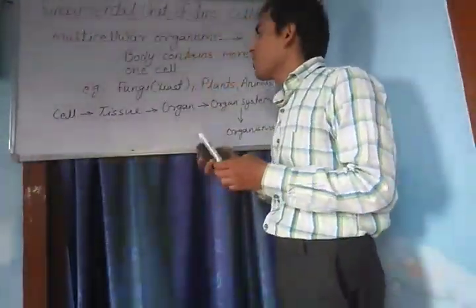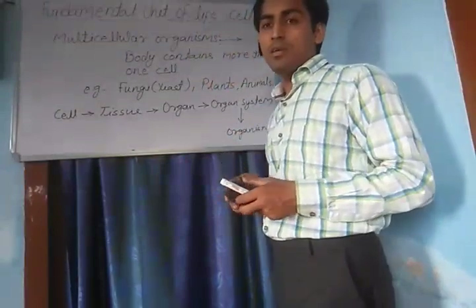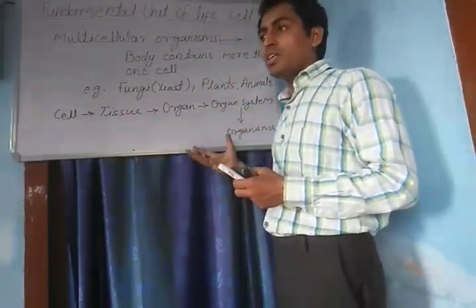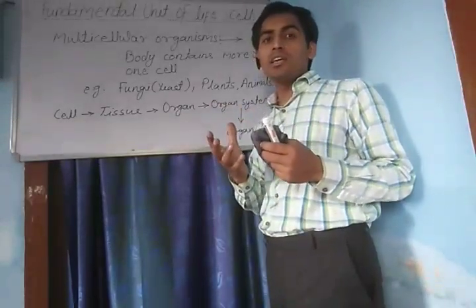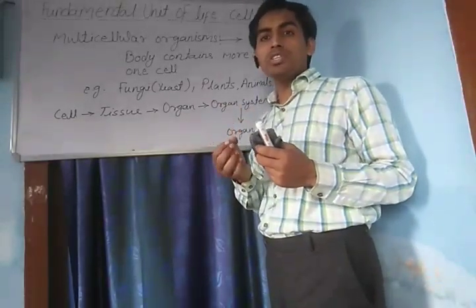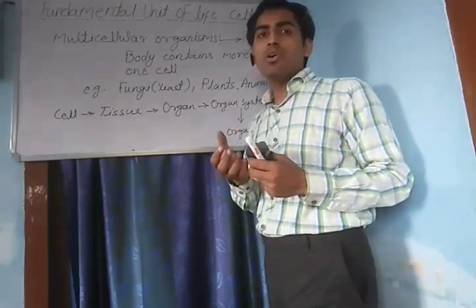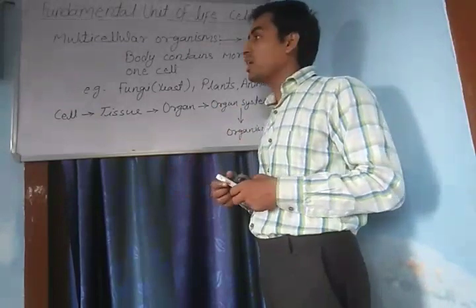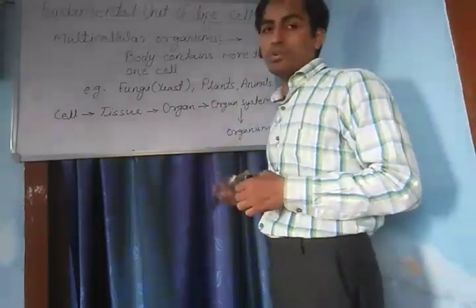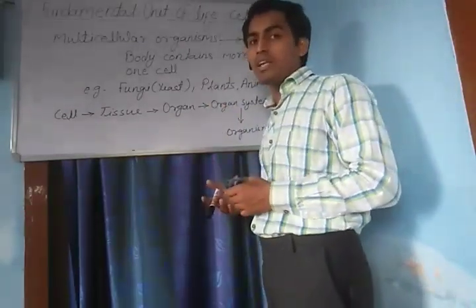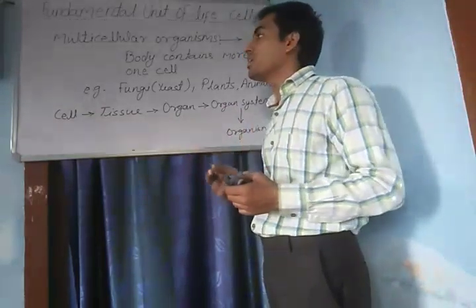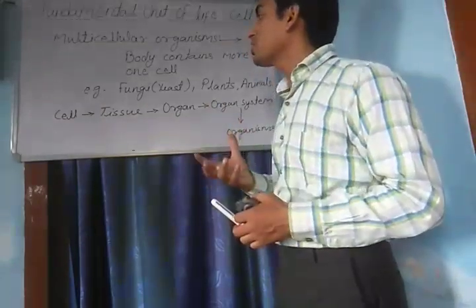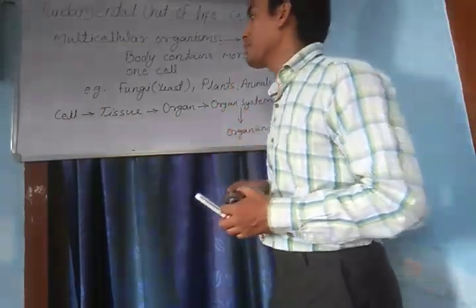Multicellular organisms are complex, but the cell is the major unit, because it performs functions and also structure. On that basis, as we have studied, the cell is known as the structural and functional unit of life.